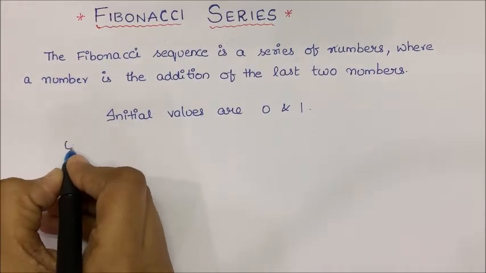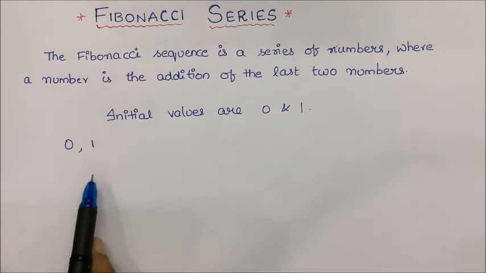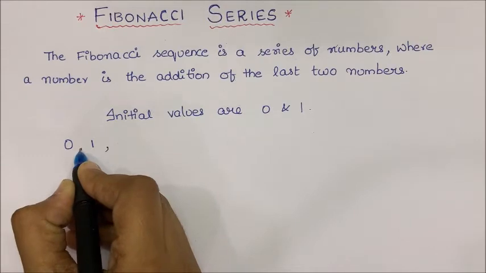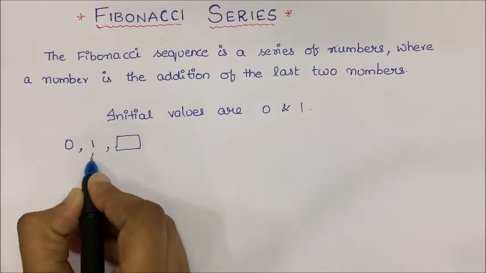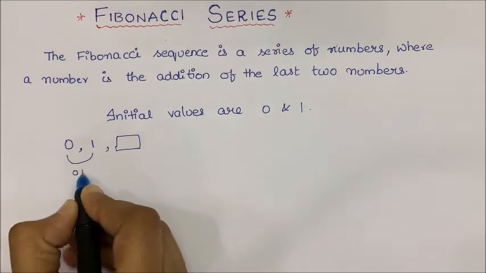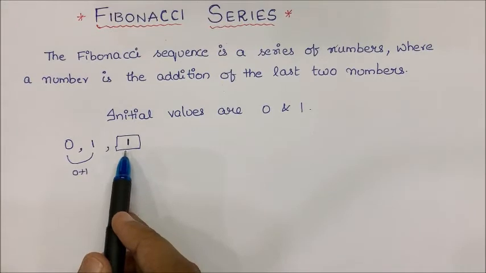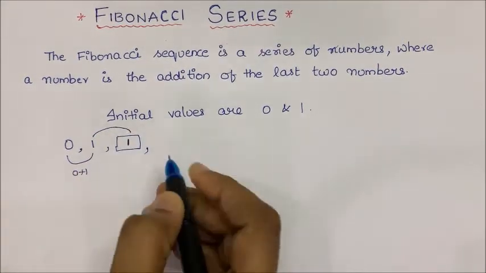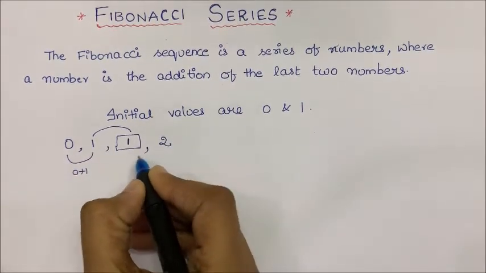If 0 and 1 are the initial values, then the coming value will be the addition of the last two digits. So 0 plus 1 will be 1, and in the series the next number will be 1, and for the next number we will add its previous two values. 1 plus 1, 2.